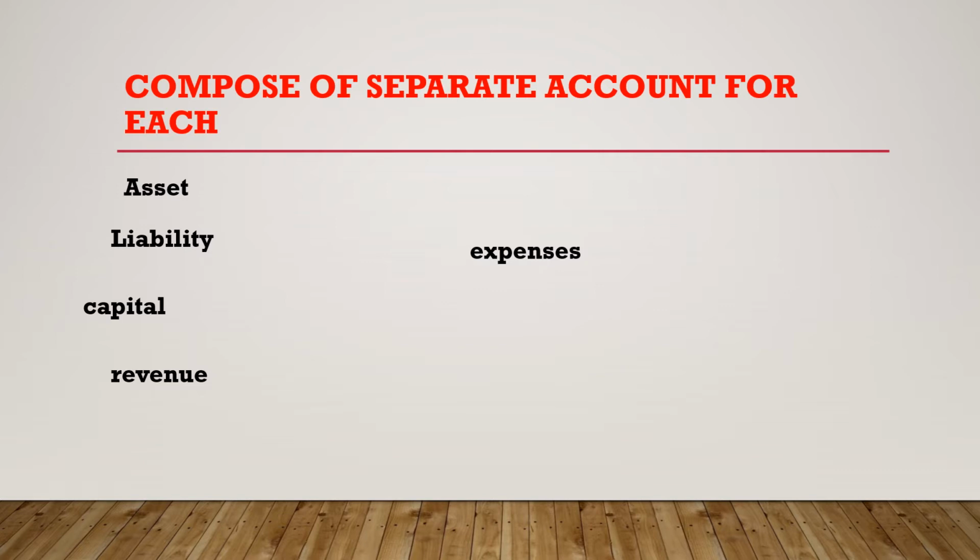Let's say, for example, you have accounts receivable in the general ledger. All the accounts receivable that you documented that month will go under that general ledger account, accounts receivable. The same thing too for cash, the same thing for liabilities. You have separate accounts for each. Is it cash? You have a separate one.